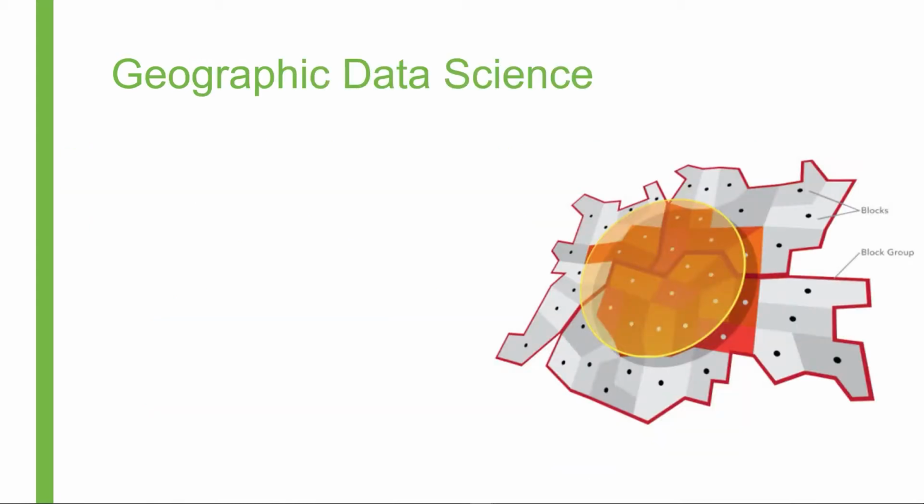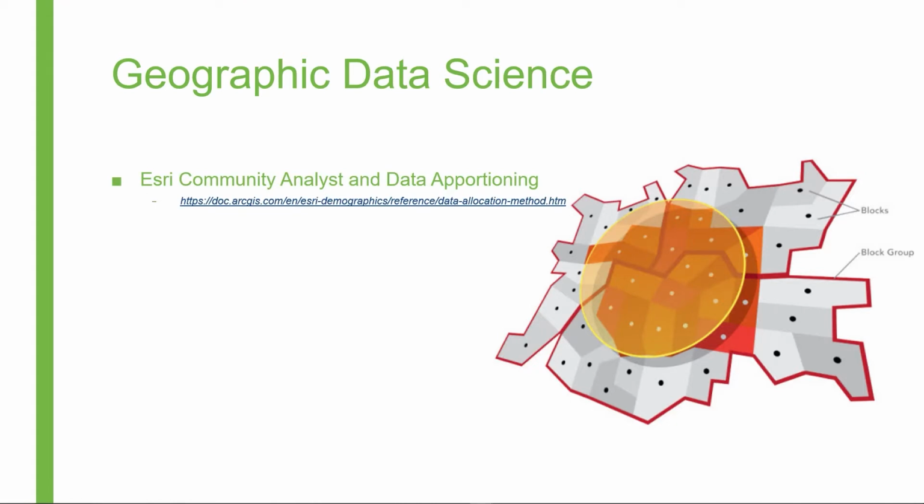All right, this might be the most boring slide of this whole presentation, but it's also very important. So if you have any interest in geographic data science, pay attention, even if it's boring. So these infographics were created using Community Analyst. That's a software as a service that's available via the site license agreement that's managed by our stellar LFUCG GIS team.